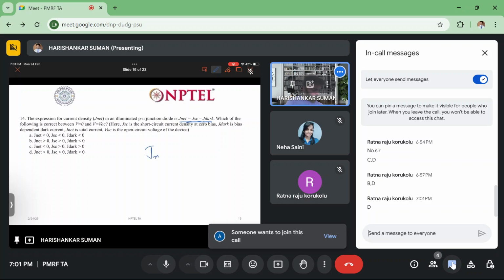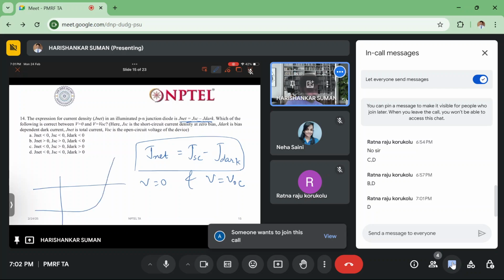So we have, yeah, which of the following is correct between V equal to 0 and V equal to VOC? Where is the 0? Voltage 0 here, and voltage equal to VOC. So D. Okay.